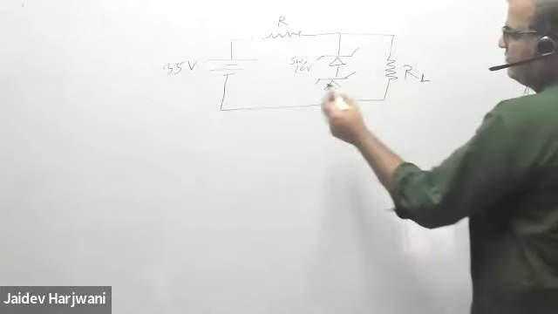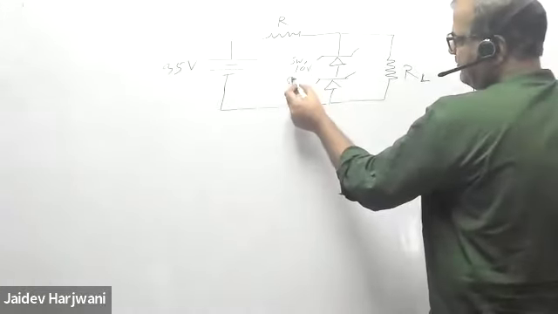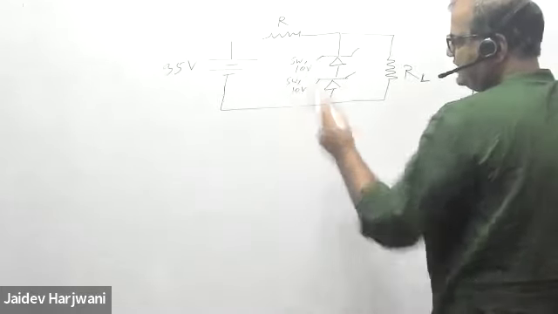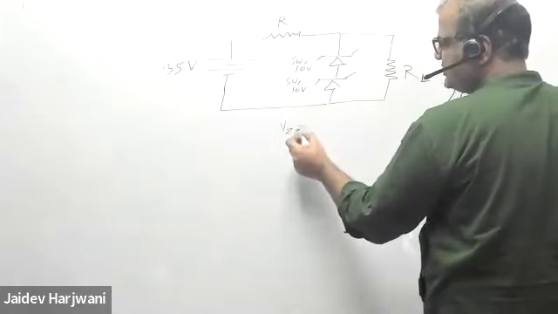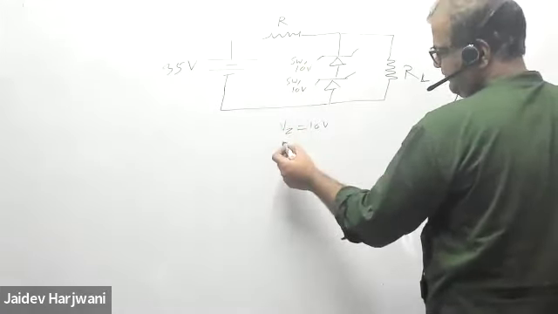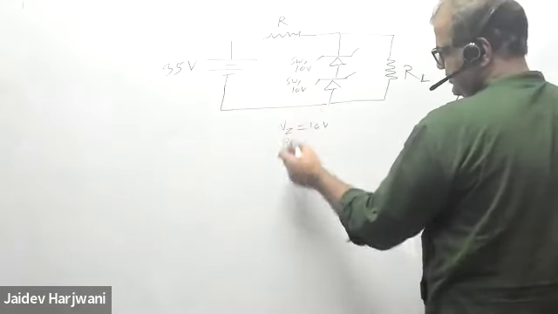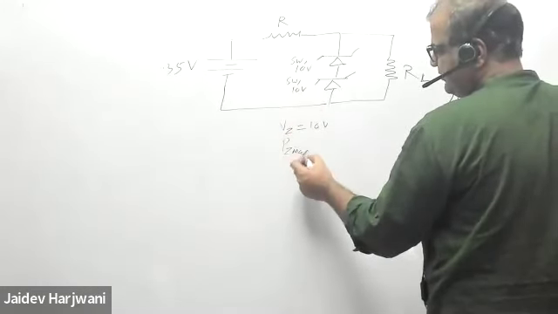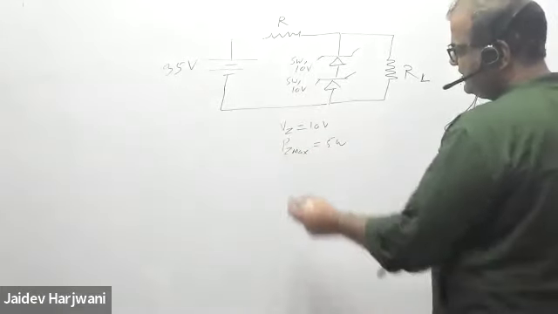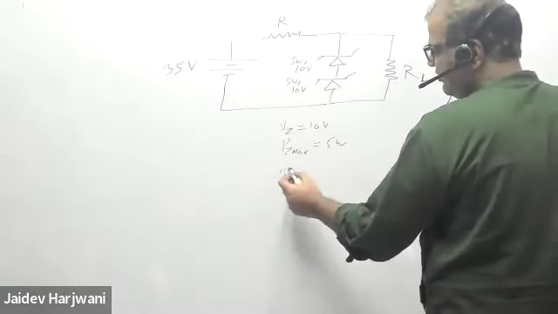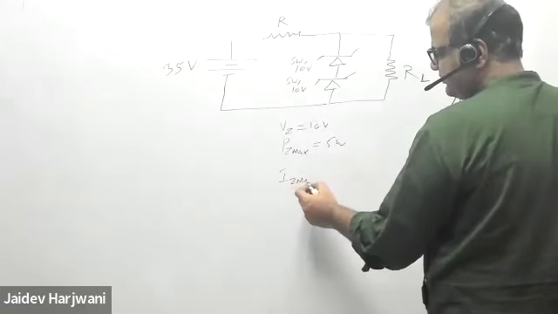Now we have been given the power rating and voltage VZ. VZ for each Zener diode is 10 volt, and PZ max is given as 5 watt. Once I know PZ max, I can find IZ max.